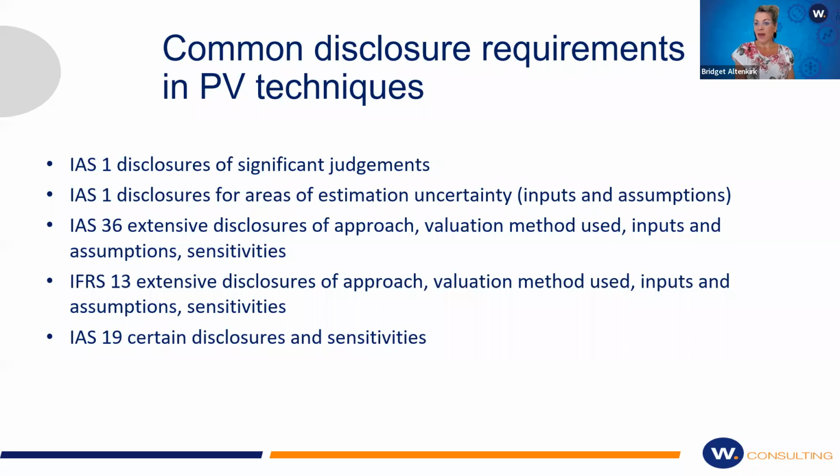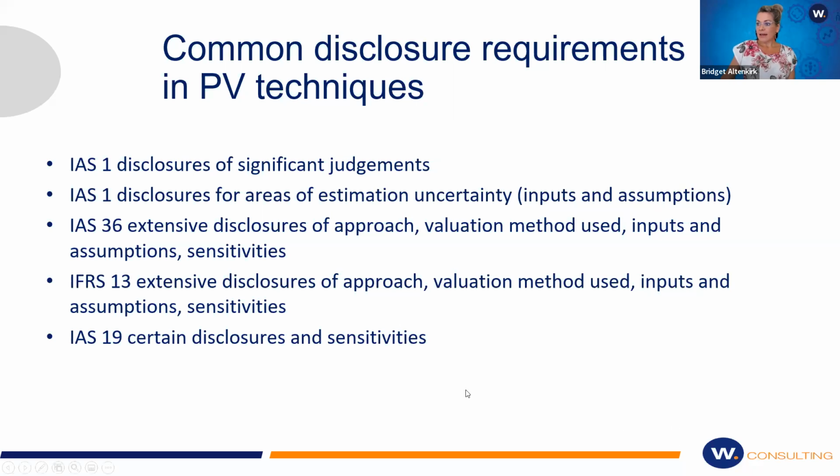Because then a user, if they did have a slightly different assumption to that which management used, can appreciate and understand what would be the potential impact on the financial statements if that input would be slightly different to that which was used by management in that measurement determination. IAS 19, which deals with employee benefits, also contains certain disclosures and sensitivities, which are also required to be included in the financial statements.